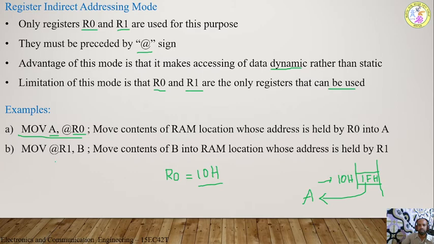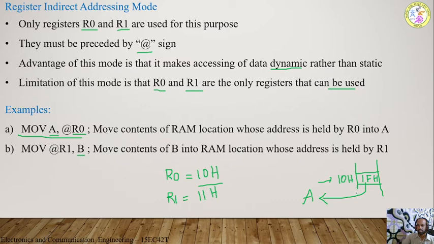Similarly, we can take another example: MOV @R1, B. Now you take the content of B and store this data into the memory location pointed to by R1. Let us assume that R1 is another register which contains the address 11H. Since the @ symbol is used, this is taken as an address.